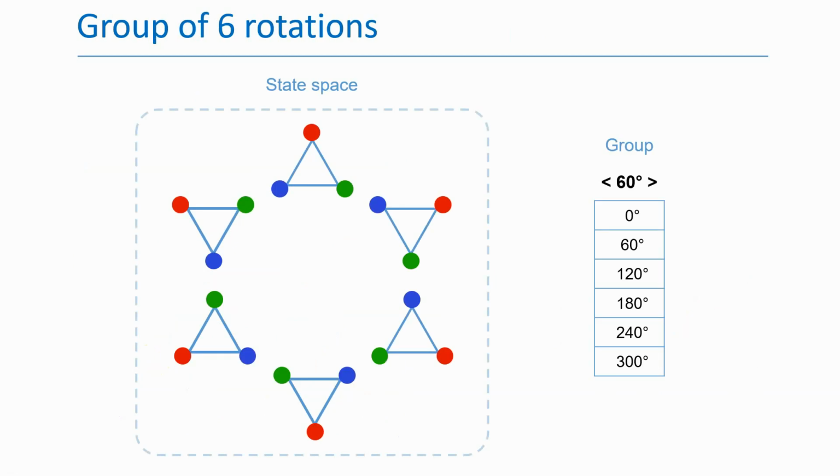Next, consider a rotation by 60 degrees, 1/6 of a full rotation. This expands the state space to 6 different orientations, and it expands the group to 6 different transformations. What happens when this new state space is observed in black and white?